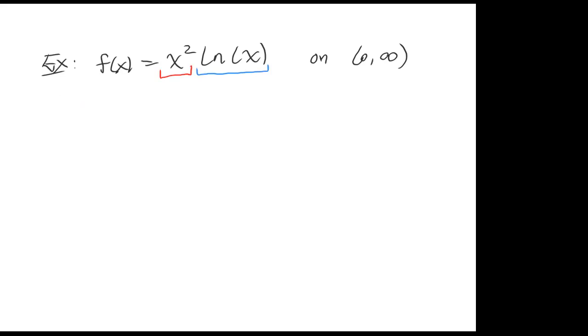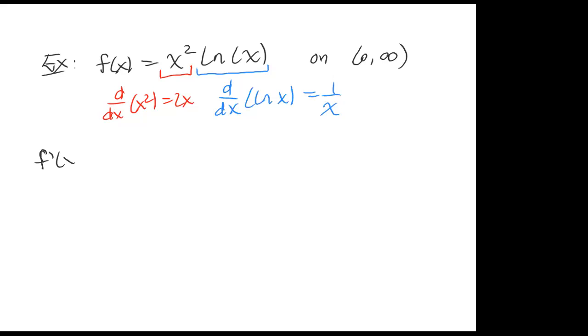The derivative d dx of x squared is 2x. And the derivative d dx of the natural log of x is 1 over x. So I will use the product rule to put those parts together.